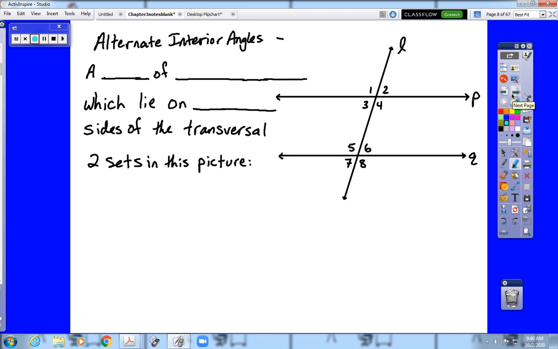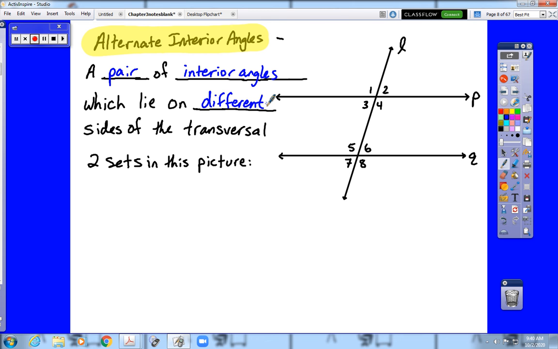Okay, next up we have alternate interior angles. Wording is going to be just a little bit different here. It still starts off with a pair, and that would be of interior angles, because interior is in the name, which lie on different sides of the transversal. And oh, by the way, they need to be at different points of intersection.